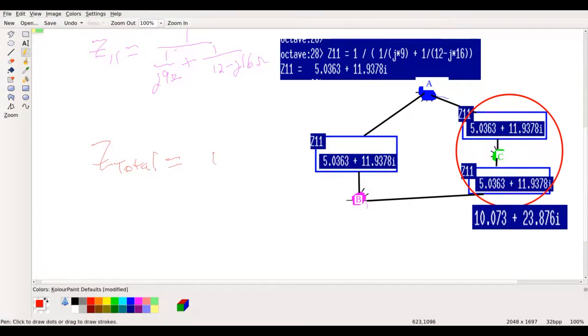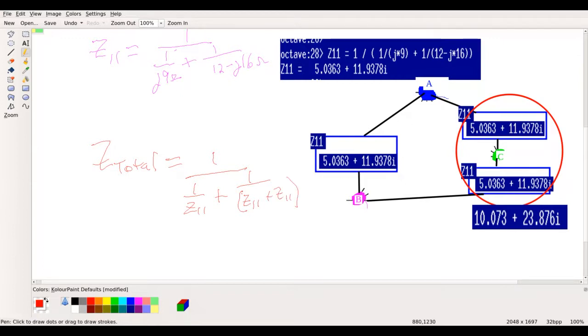So that becomes 1 over the Z parallel value plus 1 over two of them. So you could either do parentheses and have the Z parallel plus another Z parallel.